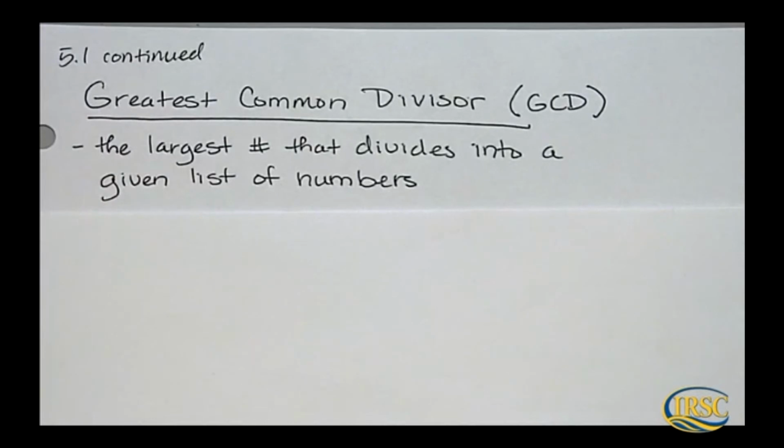Some of you are familiar with the GCD because it's the same process you have to take to find the LCD, the least common denominator. Very similar acronym. But you're looking for the largest number that divides into a given list of numbers. So don't confuse these acronyms, because they're not exactly the same process.